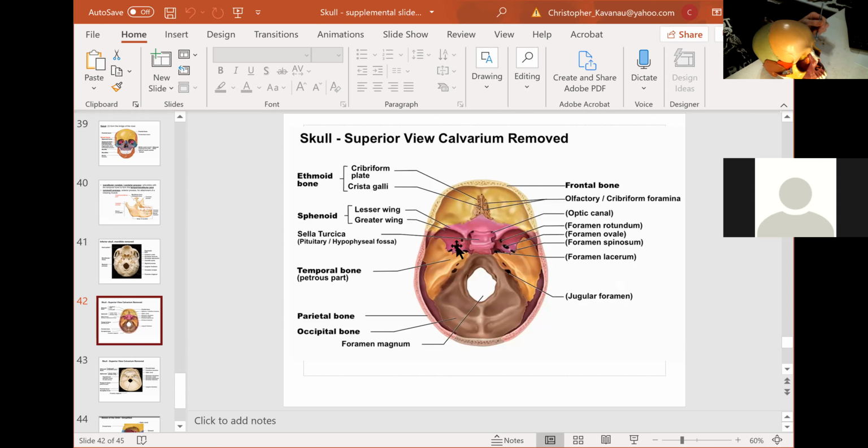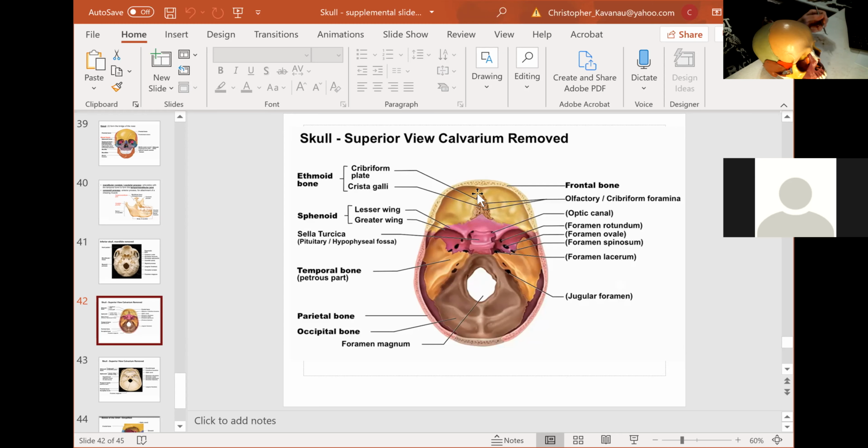Then we have these two temporal bones. And then we have the foramen magnum, that big opening through the occipital bone that allows the spinal cord to enter the skull. And then the one ethmoid bone here.